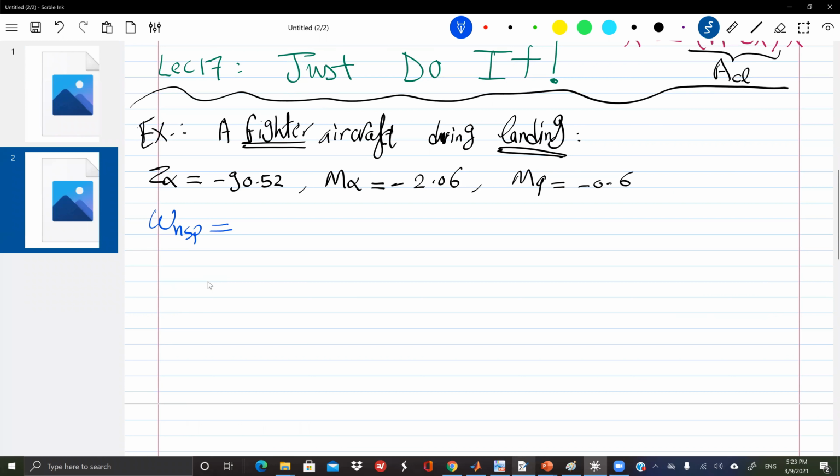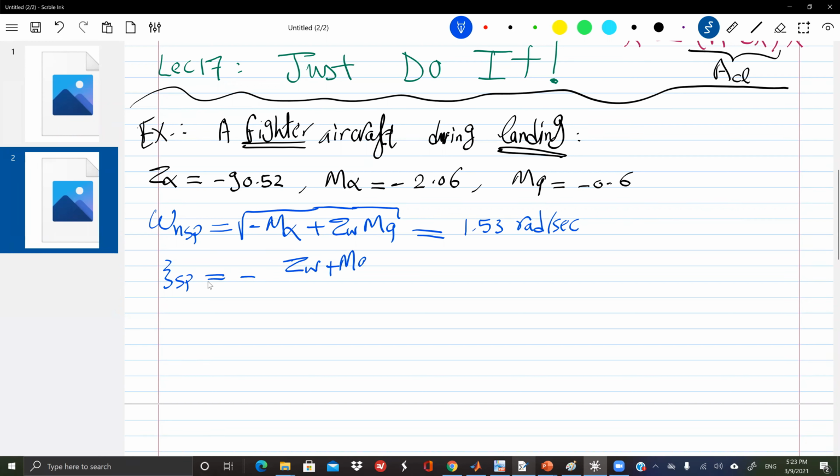Omega n short period was actually the square root of negative M alpha plus Z alpha M q, so we do direct substitution. We got omega n last time, 1.53 radians per second. I don't care about it, but I needed to determine zeta. Zeta is negative Z alpha plus M q divided by 2 omega n short period.